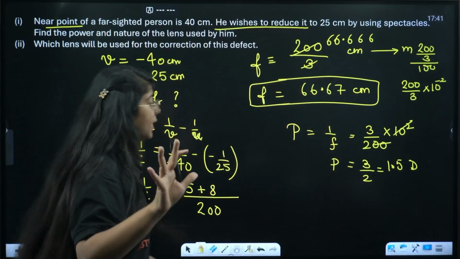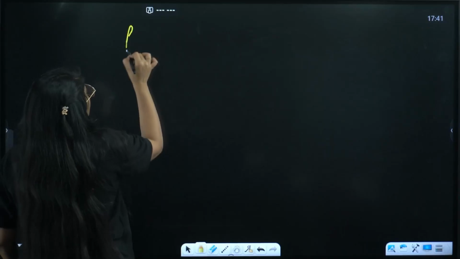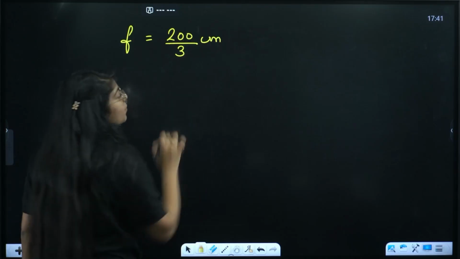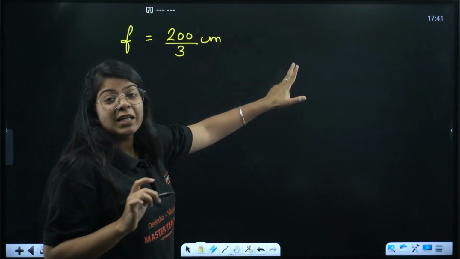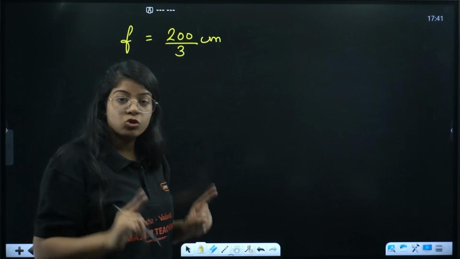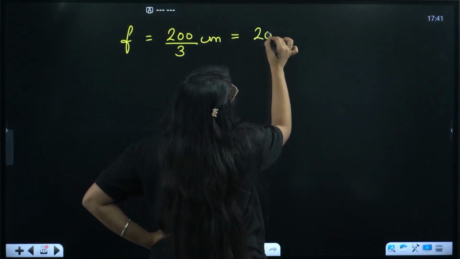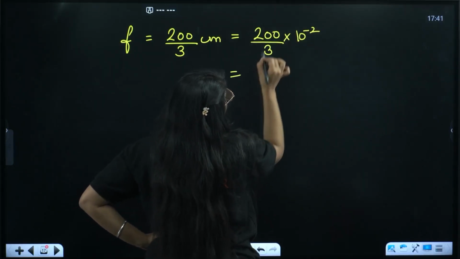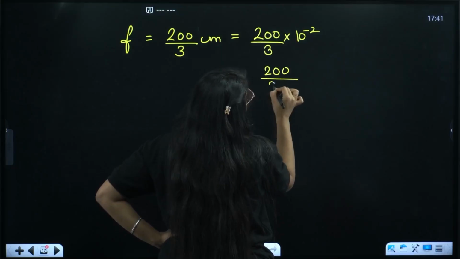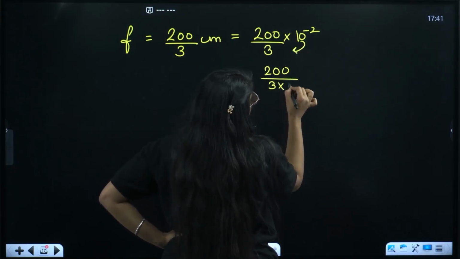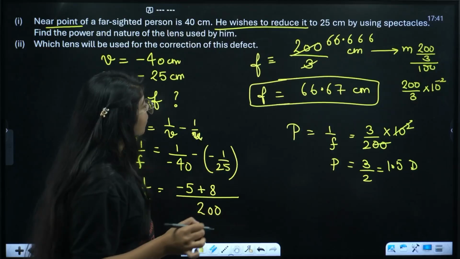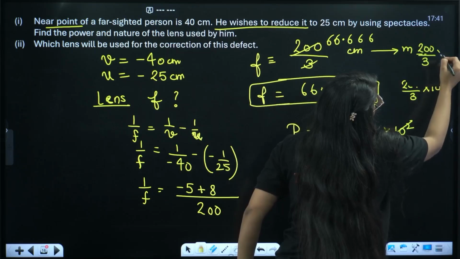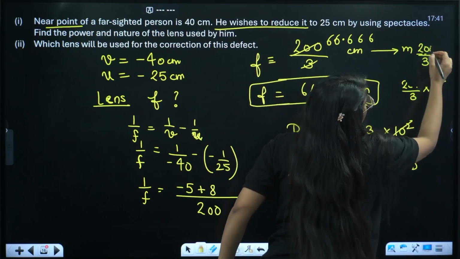Okay, I'll tell you again what I did. See, focal length was 200 divided by 3, but it is in centimeters. To convert it into meter, we multiply it by 10 raised to power minus 2. So this is 200 divided by 3 into 10 raised to power minus 2. Now this 100 won't be here. It will be in the denominator.